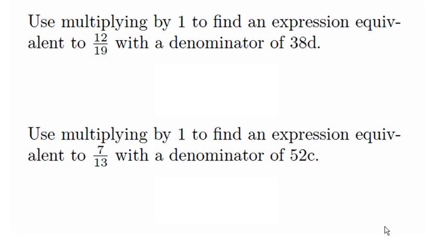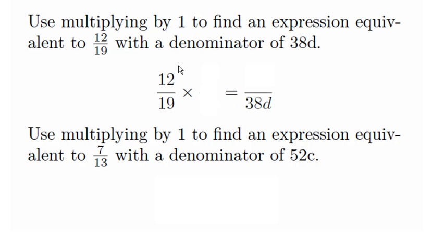Okay, so here's a third example. Again, kind of a My Math Lab type of example where we have the variable. Here we have 38d that we want the denominator to be, and I'm going to have one for you to do as well. So use the multiplying by 1 to find an expression equivalent to 12/19 with a denominator of 38d.